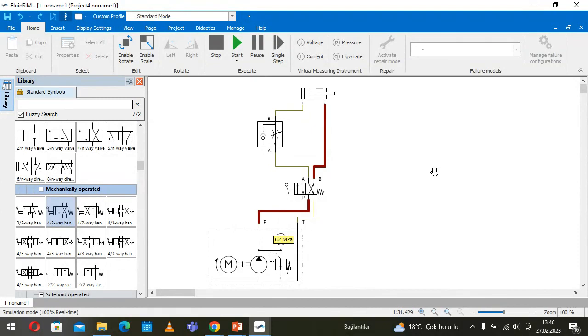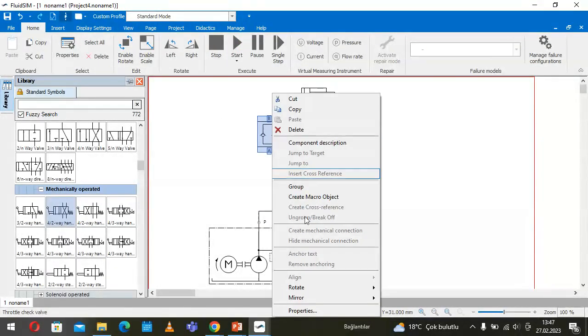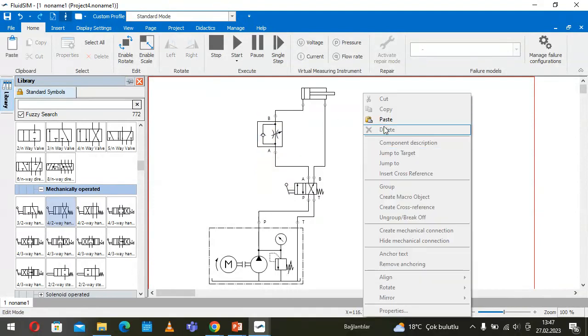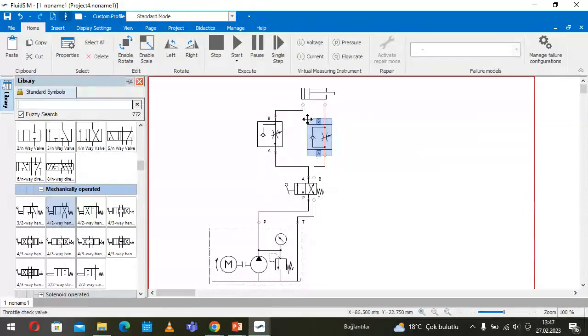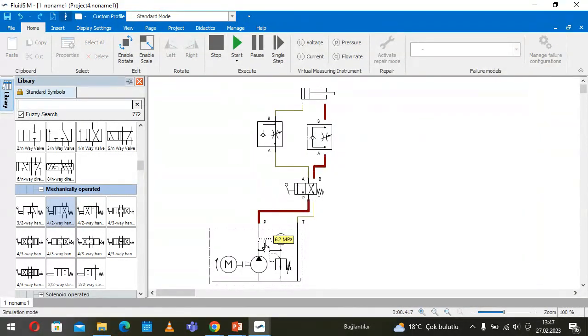Considering the process, we need to adjust the speed. And therefore, I put this speed control valve in the advanced stroke. But it's also possible to use this in the return stroke. So if we copy that and use it here, then we can control the speed in both directions, I mean in advanced stroke and in return stroke.